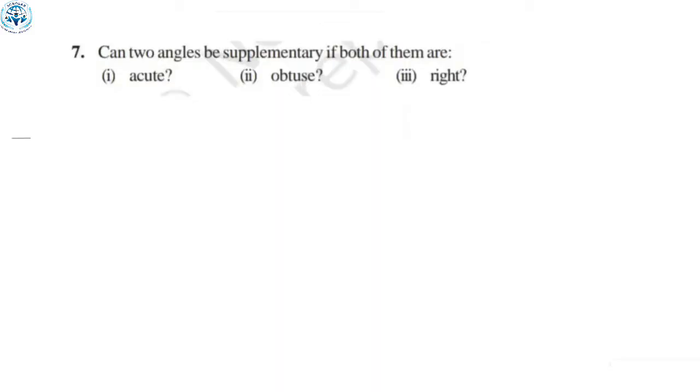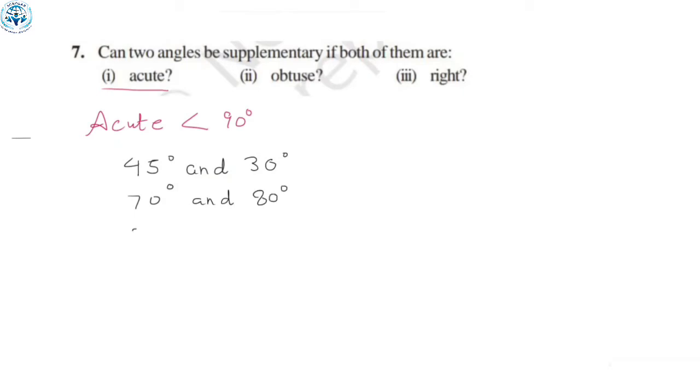Seventh question is, can two angles be supplementary if both of them are acute, obtuse or right? What are acute angles? Which are less than 90 degree, right? So we can take any angle, any measurement which is less than 90 degree. We can take 45 and 30 degree, 70 degree and, let's say, 80 degree.